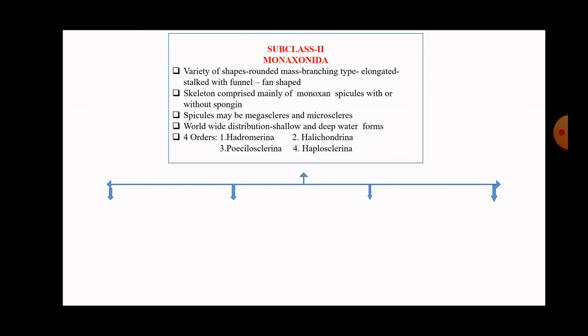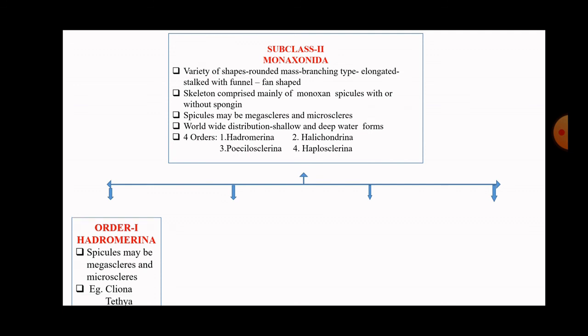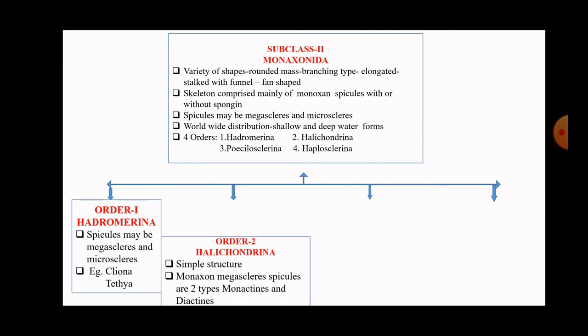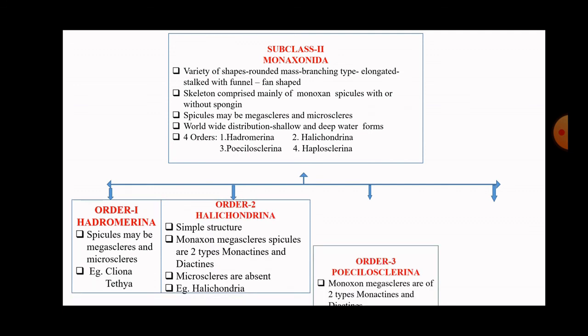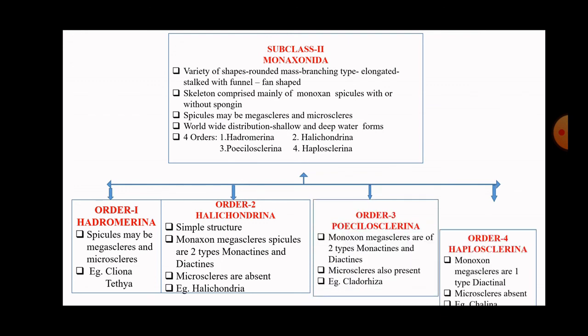These spicules may be megascleres and microscleres, and they are distributed all over the world in shallow and deep water forms. This subclass can again be divided into four orders: Hadromerina, Halichondrina, Haplosclerina, and Poecilosclerina.